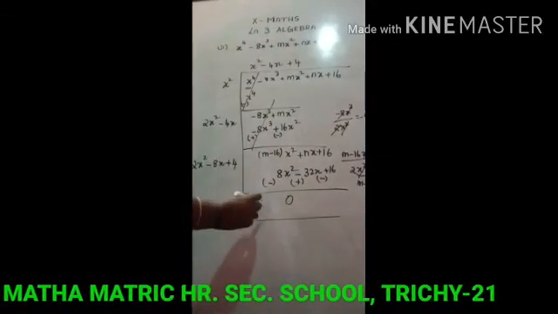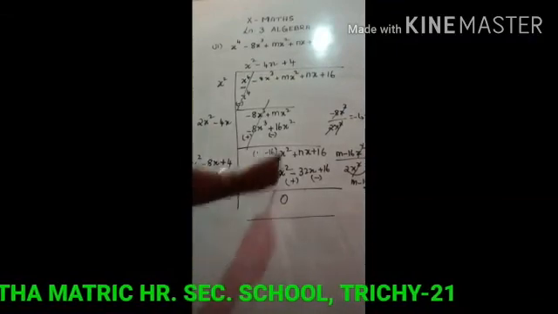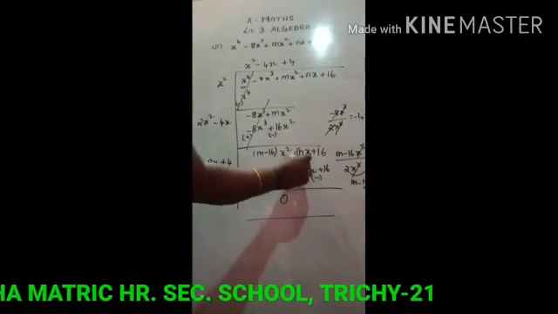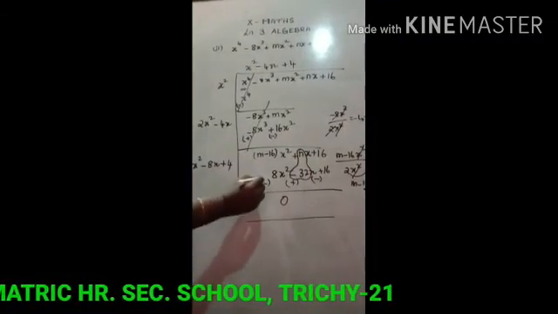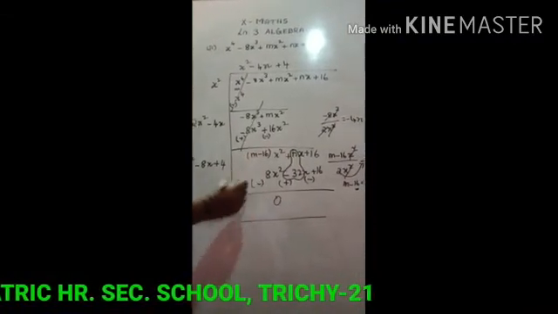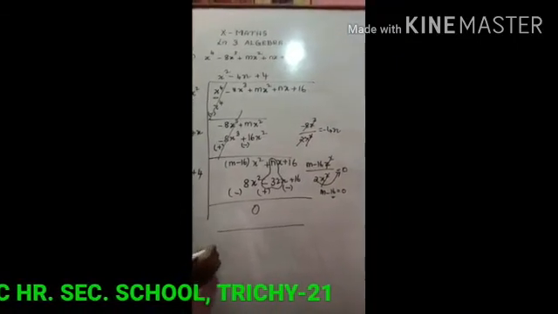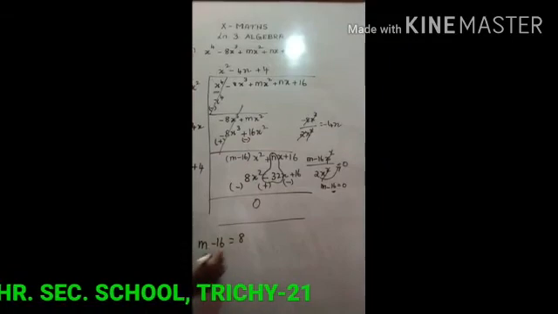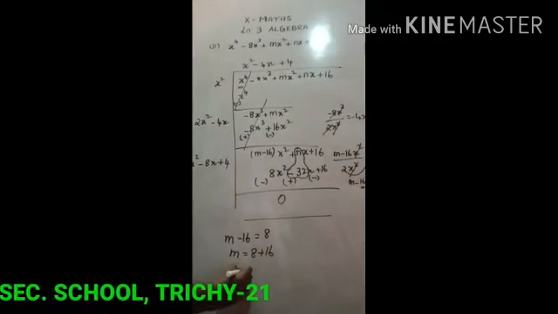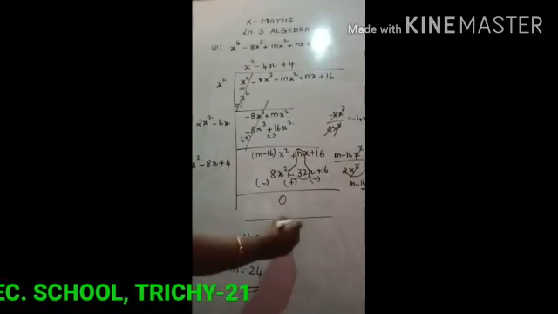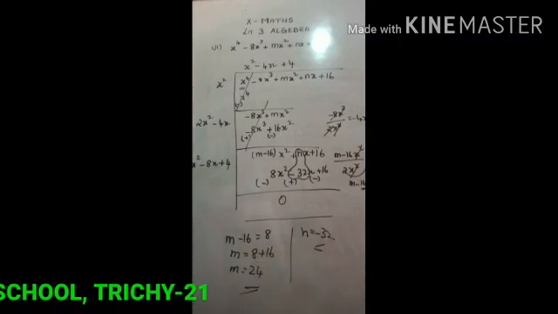So in the given polynomial, the value of n is equal to minus 32, then m minus 16 equal to 8. So m minus 16 is equal to 8, m is equal to 8 plus 16, so m is equal to 24. Here n is equal to minus 32.